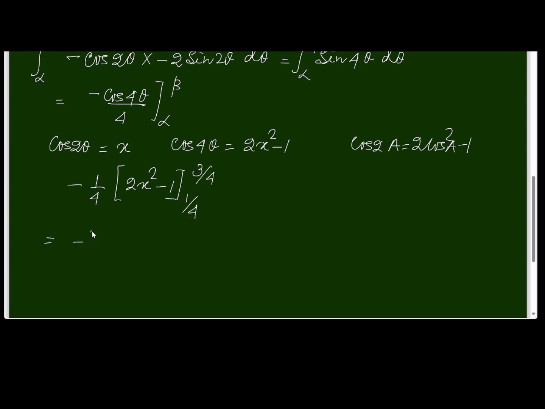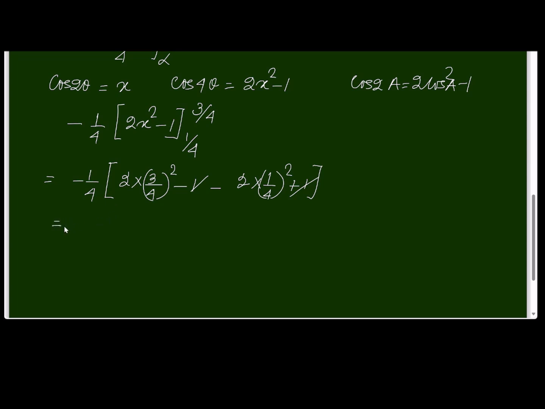So this will be minus 1 by 4 times [2 into (3 by 4) whole square minus 1, minus (2 into (1 by 4) whole square minus 1)]. That will be plus 1, so minus 1 plus 1 cancel.